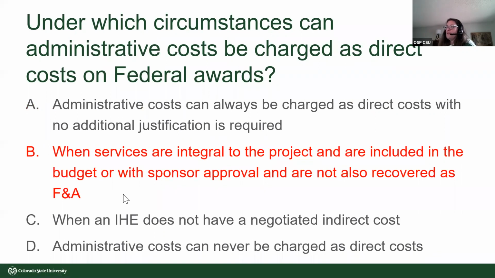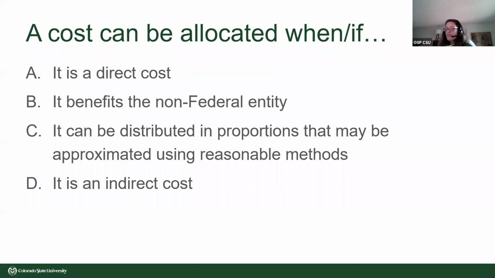B. A cost can be allocated when, what's the best answer on this one? Are you all typing in? The best answer on this one is actually just the definition of cost allocation. It can be distributed in proportions that may be approximated using reasonable methods. So the answer here is C.